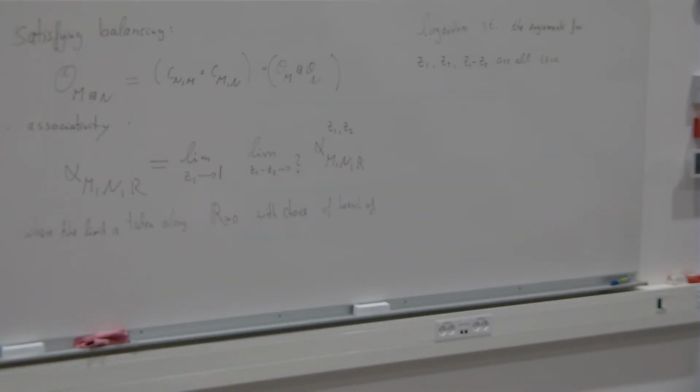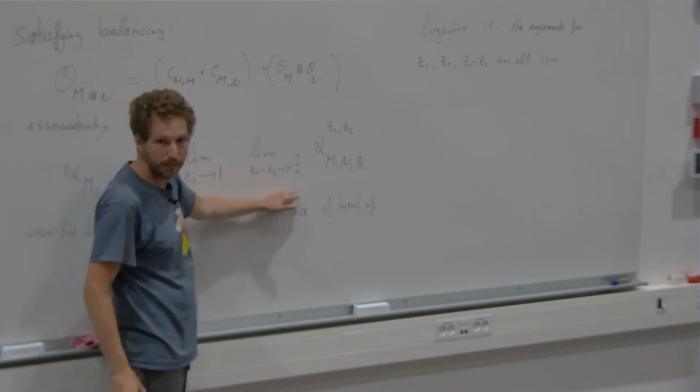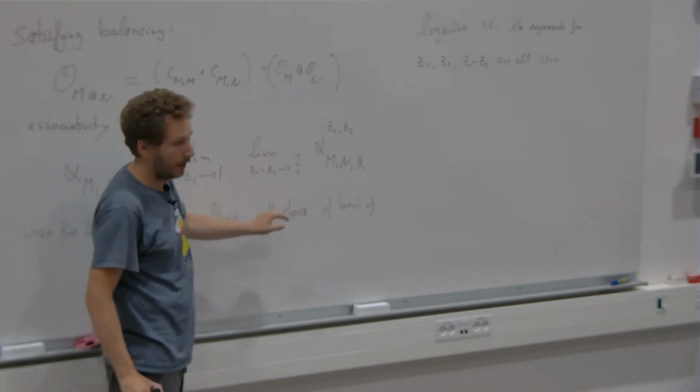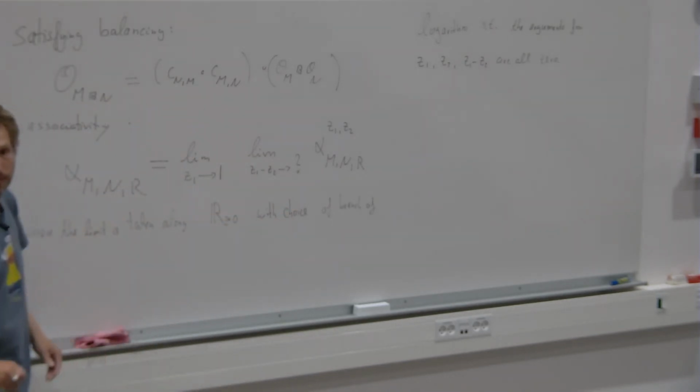Okay, so this took almost a lecture to state. What is the statement? The statement is that the associator is this limit, this double limit, where you take this limit in this way.